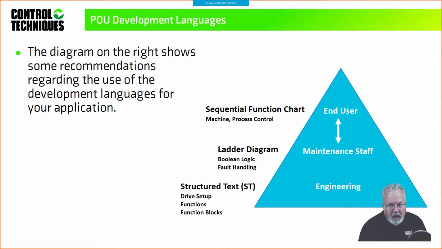And then for maintenance staff, ladder diagram is pretty much the king. I mean, that's what most people are comfortable with. In my experience over the years, I've seen a lot of people, just because of familiarity, try to use ladder to do motion control. I don't recommend that because ladder diagrams operate left to right, top to bottom. I don't know where I'm at any given time.